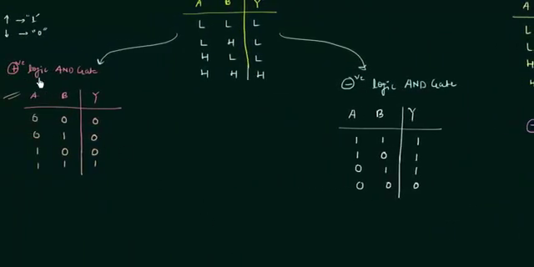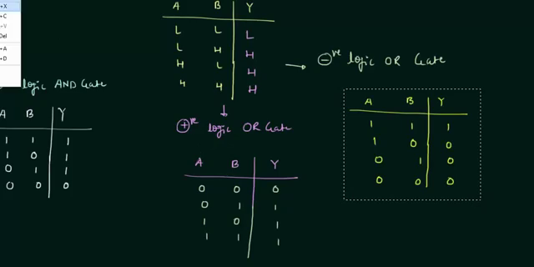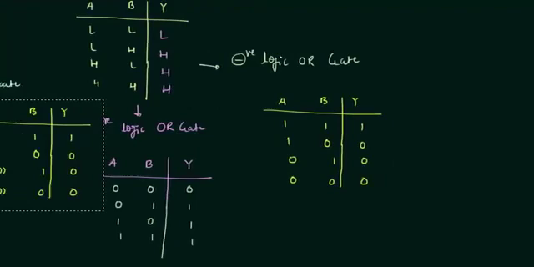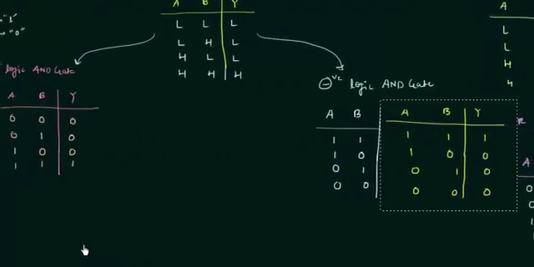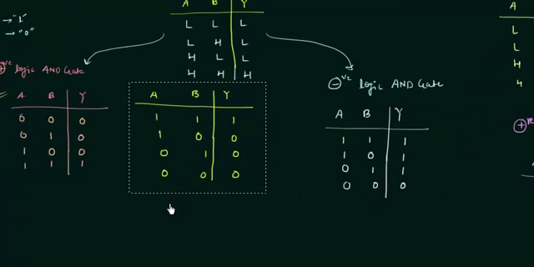If I compare the positive logic AND gate table with the negative logic OR gate table, I'll find they are the same. Let me copy this down. I will copy and paste it, and drag it near our positive logic AND gate table, and we can see that it is the same.